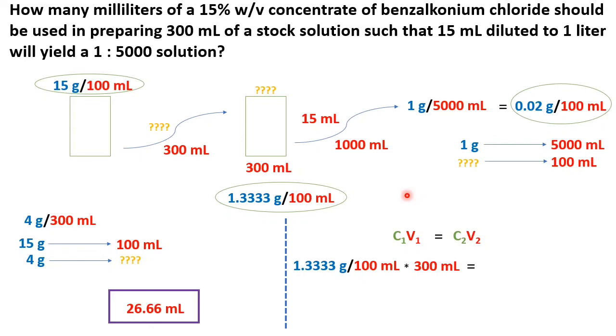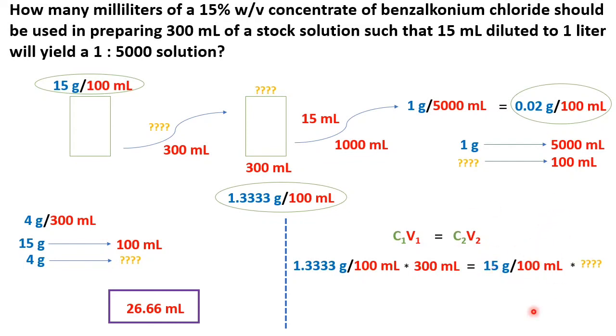This equals the concentration of the stock solution, which is 15 grams per 100 milliliters, times the unknown volume. Okay, and to get the unknown volume, we should multiply this and divide it by this.